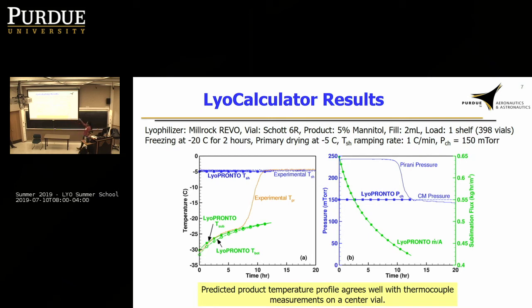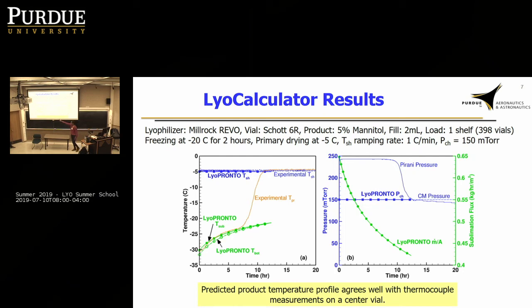So then we run the simulation using our tool, and we get all these temperatures and the sublimation flux. The sublimation flux is this green line. You see that the end point of primary drying is here, and that matches very closely with what we see in the experiments also. So our code is working well in terms of predicting how long it takes to dry. Also, the temperatures match pretty well with the product temperature.